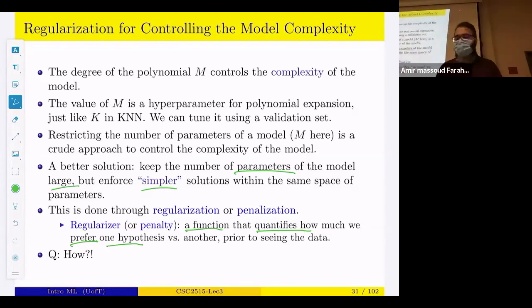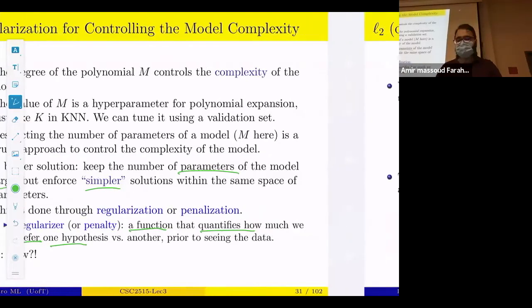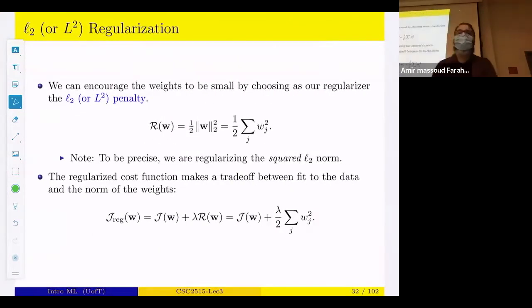The question is, of course, how to have this characterized or how to make it happen. And one idea is that we encourage weights to be small. So our preference would be to have smaller weights, by choosing the L2 norm as our penalty.